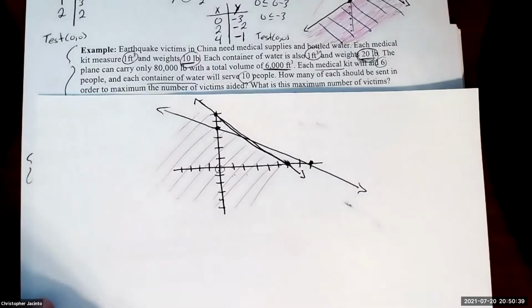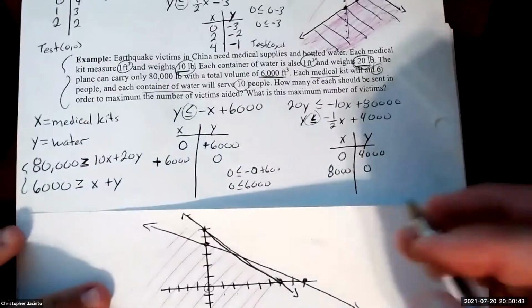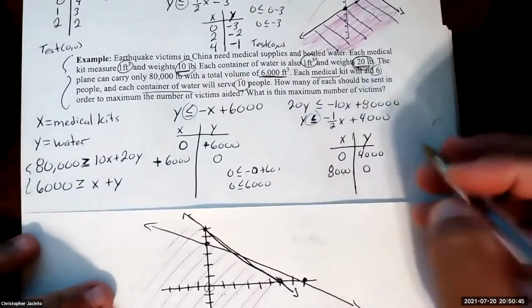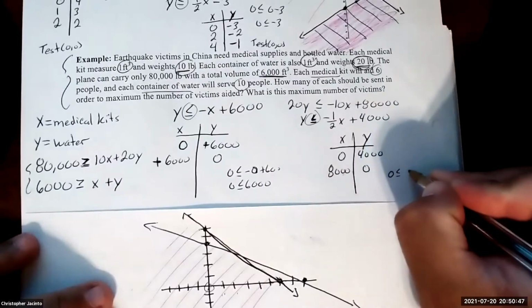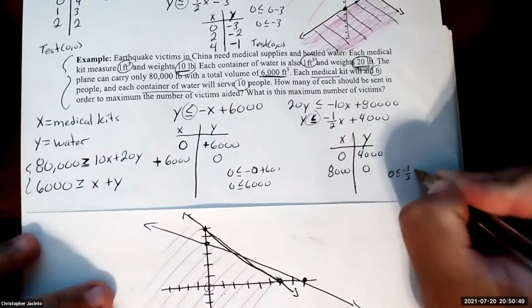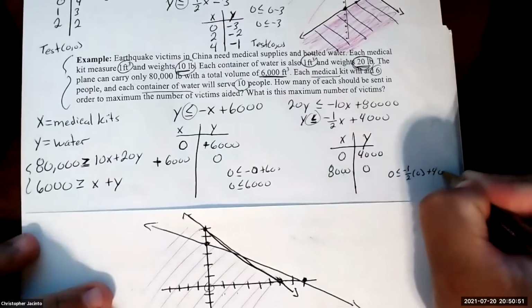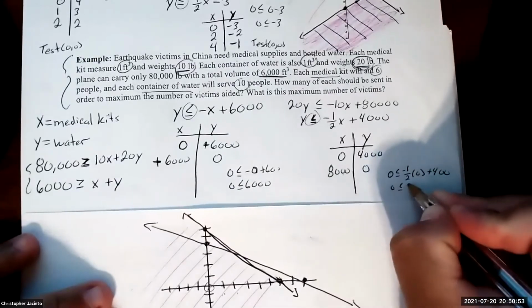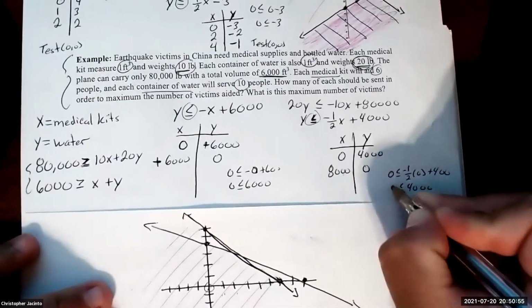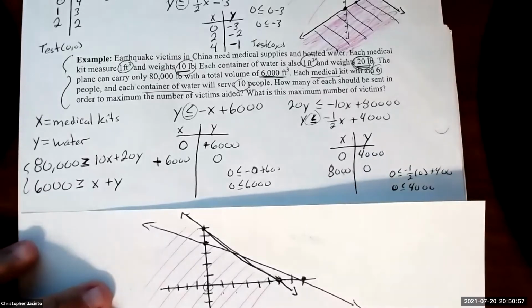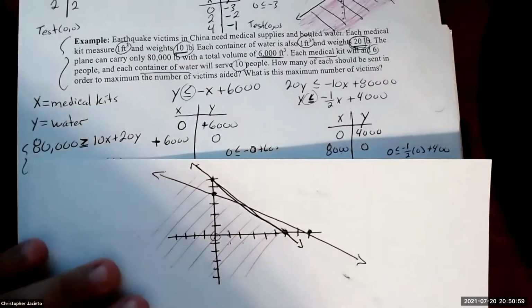Okay. And same thing, test point. So I'll use the same one, 0, 0, as a test point. So if I plug in 0, and then plug in 0, it's also true. 0 is less than 4,000, so it's also on this side.